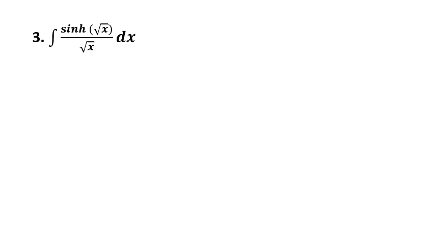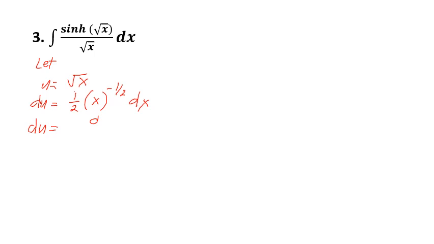How about this one as our next example? We have integration of hyperbolic sine square root of x all over square root of x dx. With this example, we are involving the radical symbol, and if I let u equal to square root of x, my du is equal to 1/2 times x raised to negative 1/2 dx, or I will write it this way, dx all over 2 square root of x.